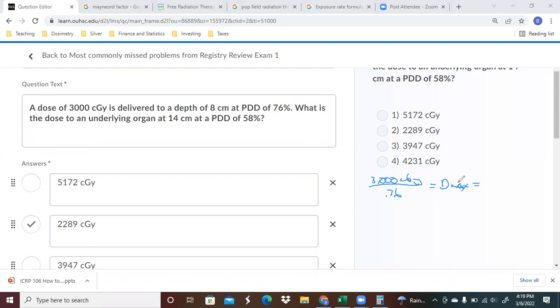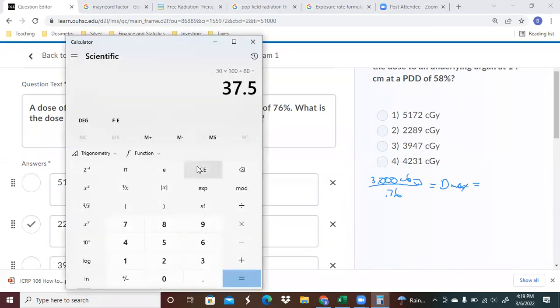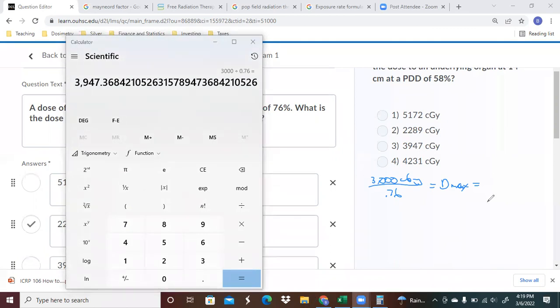This is going to be my reference value that I will use for a later computation for the PDD at the new point. So 3000 divided by 0.76 gives 3,947.37. So that's the dose at D max.